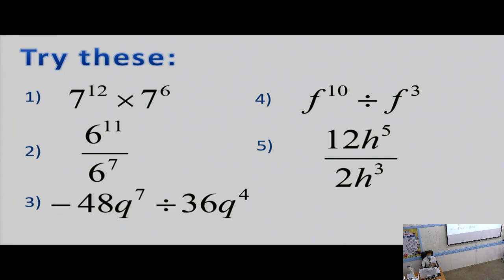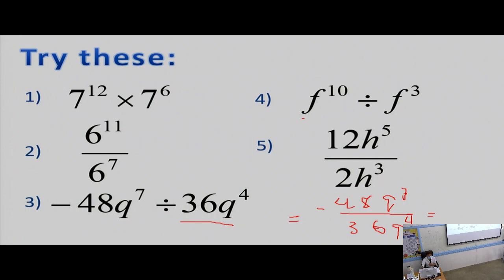Next, number 4, this one. If you have this thing, let us try to write this in fraction form. So we will have negative 48 q to the power of 7 over 36 q to the power of 4.